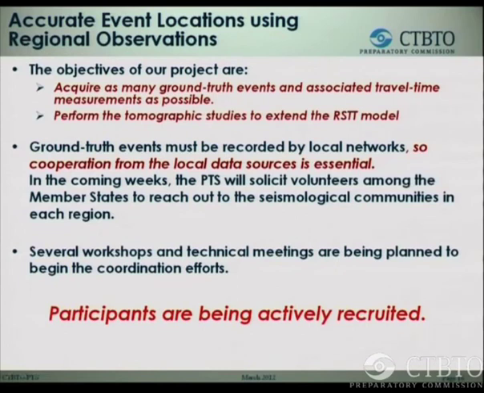But any newly introduced technique, I would like to point out, will still depend upon our collection of basic ground truth data sets. So to help us with our project, we are actively recruiting participants, which includes those member states that can help us identify and coordinate regional and local networks in the areas of interest. And these member states are encouraged to contact us to see how we could collaborate in the future.